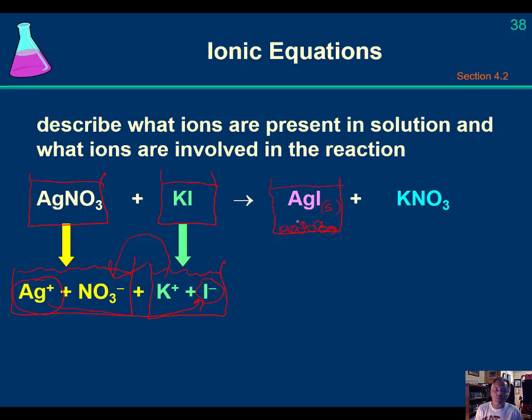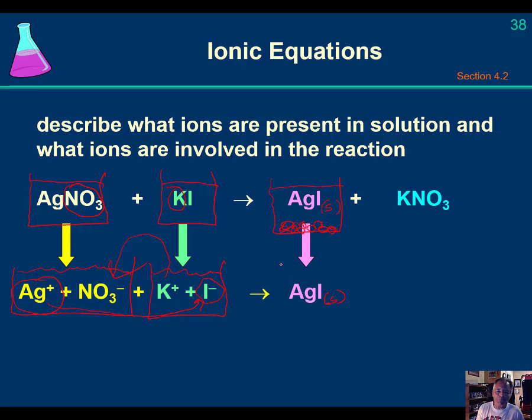The way I represent that in my equation is I simply bring it down as a solid. And I'll go ahead and put solid down here. Now, the thing to remember is that you also had potassium ion and nitrate ion in that solution.